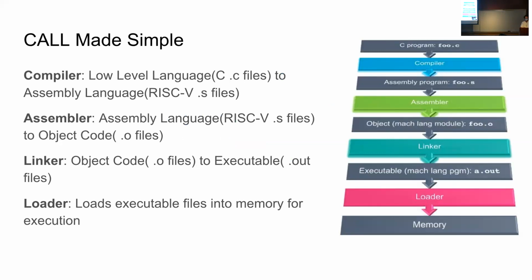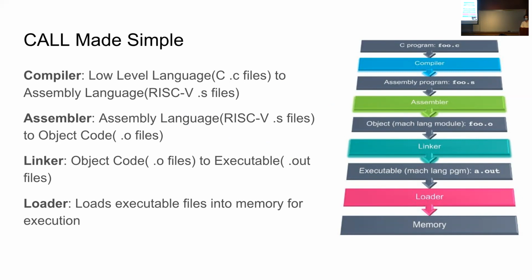And then I would say that this slide is probably the most fundamental to the call section that I'm presenting. So just getting this slide memorized or just in your head. That compiler takes lower level language to assembly language, and specifically in our case, this class that's C files to RISC-V files.